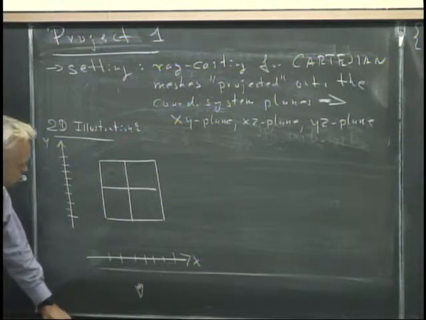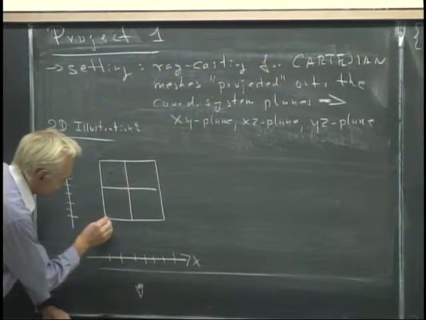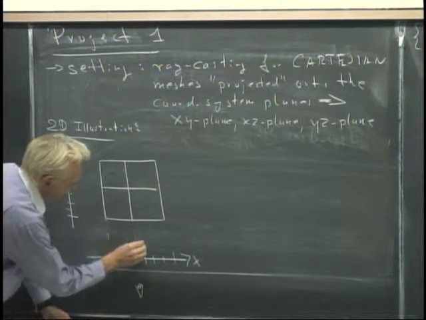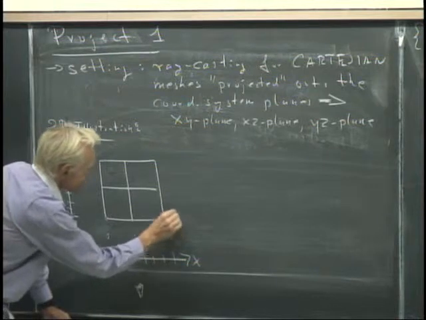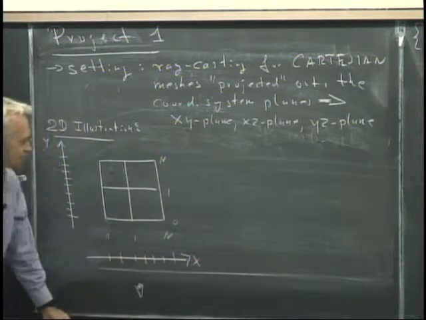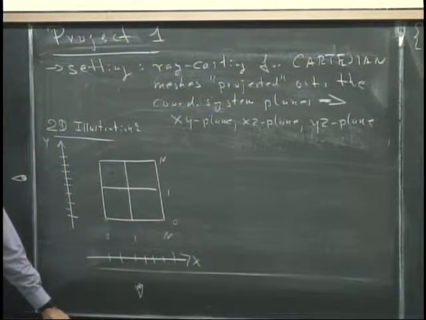What do we have to do? These locations are the original grid locations. This would be 0, 1, maybe n, and this is 0, 1, and n. So you have n plus 1 squared grid elements and n squared voxels.